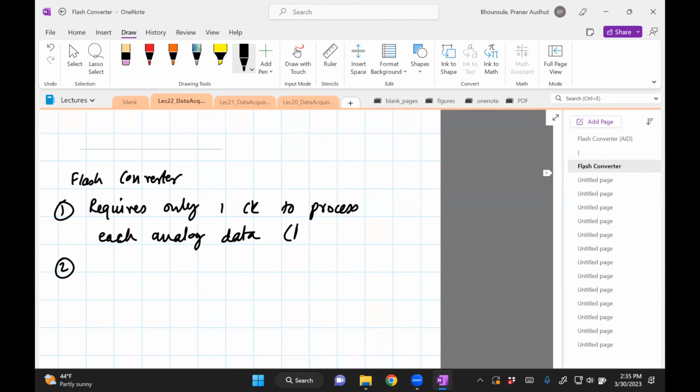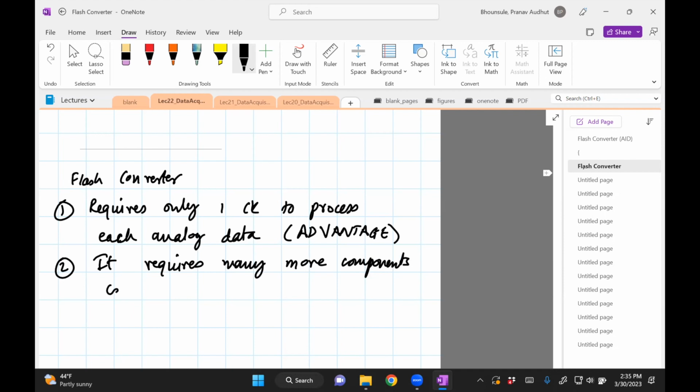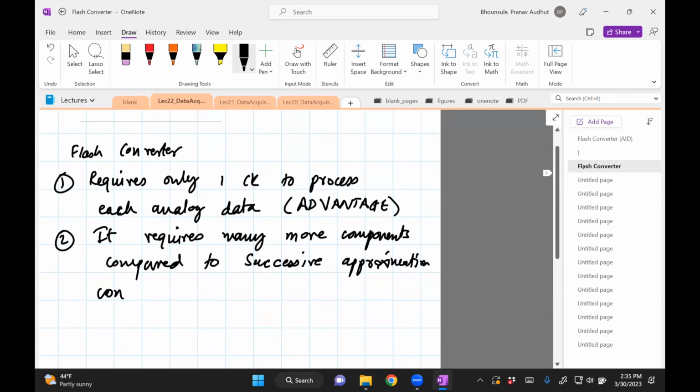This is the advantage. However, it requires many more components compared to the successive approximation converter, which is a disadvantage.